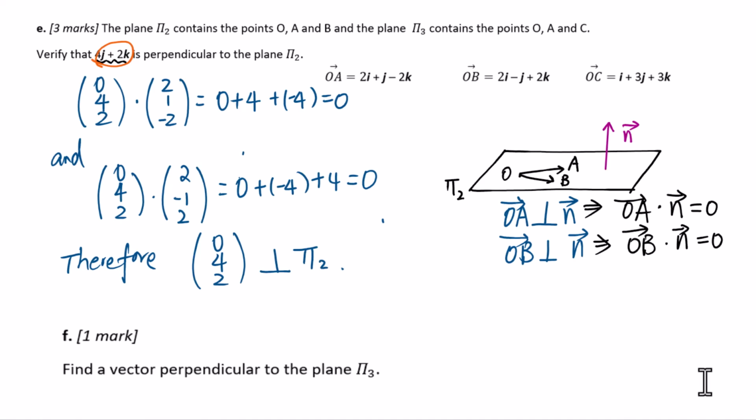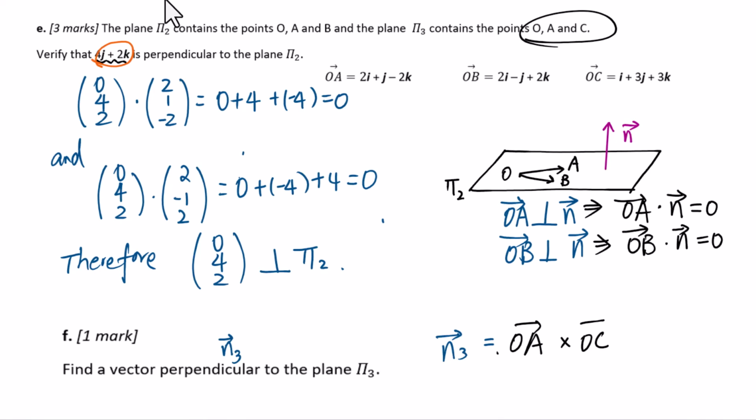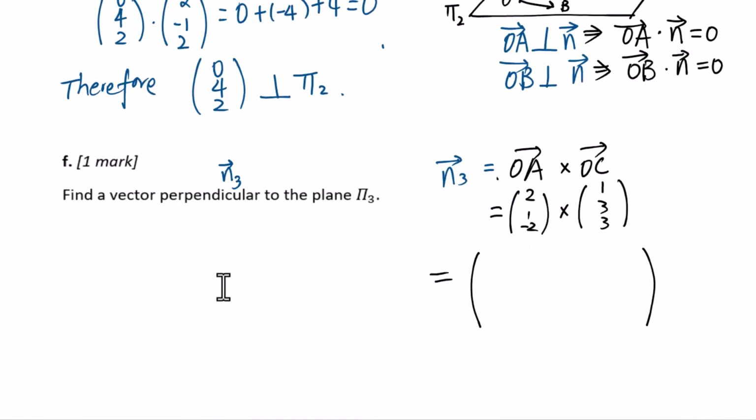F, find a vector perpendicular to the plane pi3, which means we are looking for the normal vector of pi3. Let's label it vector n3 equals vector OA cross vector OC. Vector OA (2, 1, -2) cross vector OC (1, 3, 3). So we get 1 times 3 is 3.